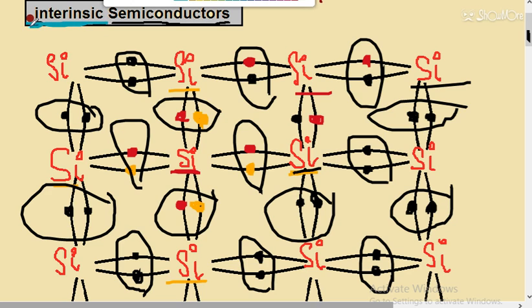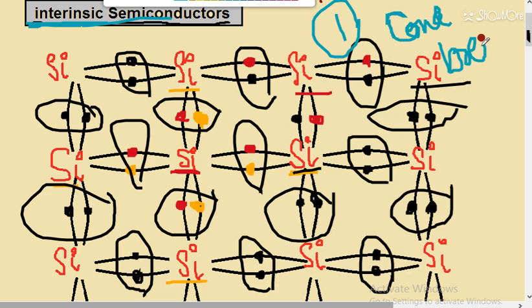Difference of intrinsic and extrinsic is also asked, but the 1 mark question asked from this topic is, you can note down the question: in which type of semiconductor the conductivity is due to the breakage of covalent bonds.